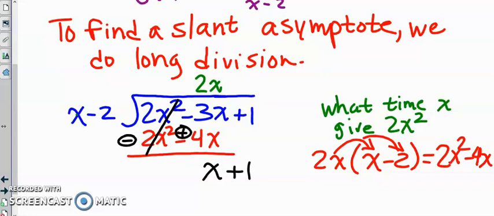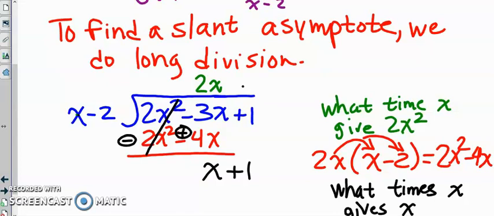Now we ask ourselves, what times x will give us x? And we should get a positive 1. Positive 1 times x is a positive x.